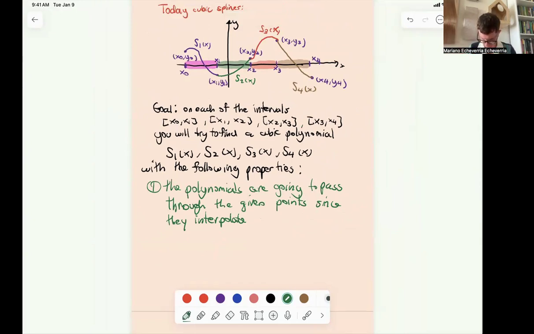So the first derivatives of each of the splines, that's what I will call them.